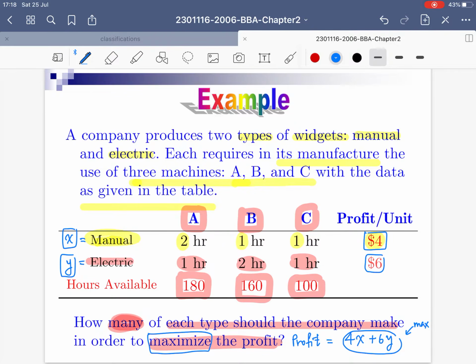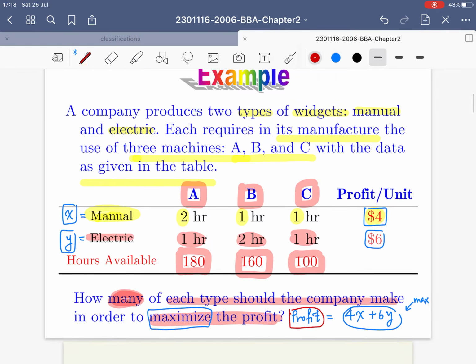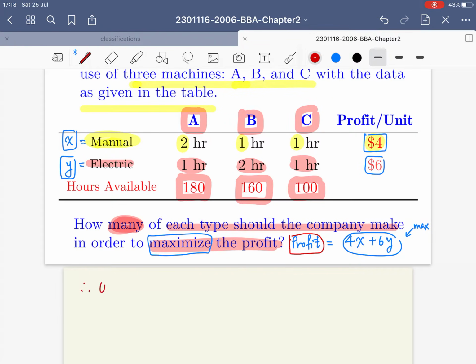This is your objective function. Your profit is your objective function. The objective is to maximize profit, so it is to maximize 4x plus 6y.